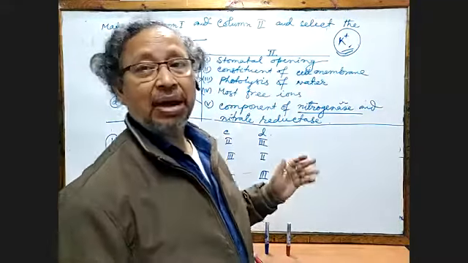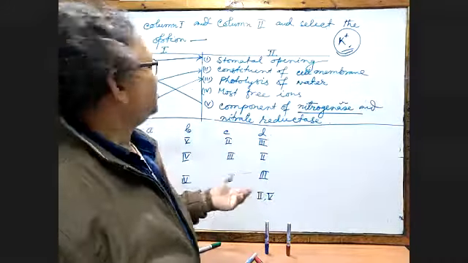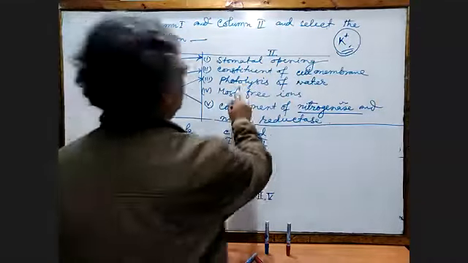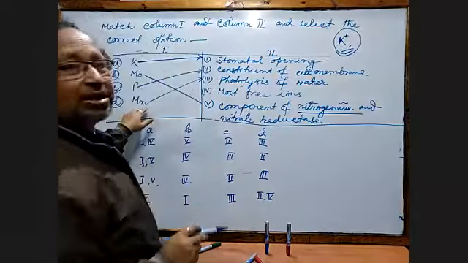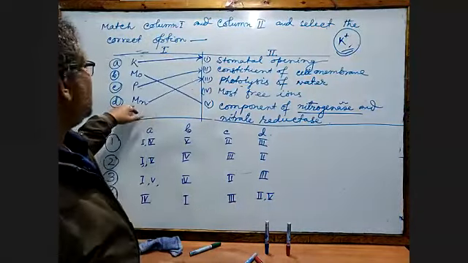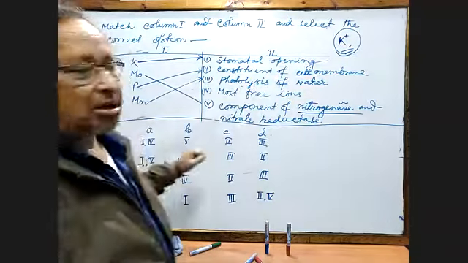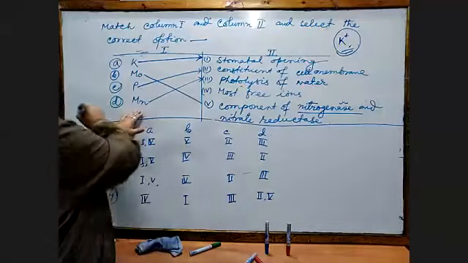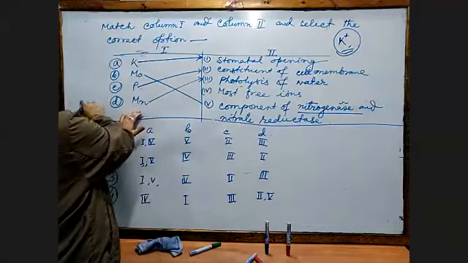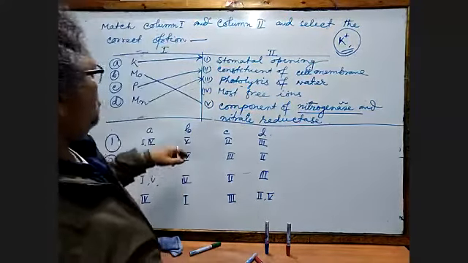That breakdown of water in presence of light is known as photolysis of water, and in photolysis of water, manganese is very, very important. Another element important for the photolysis of water is chlorine, which is also required.